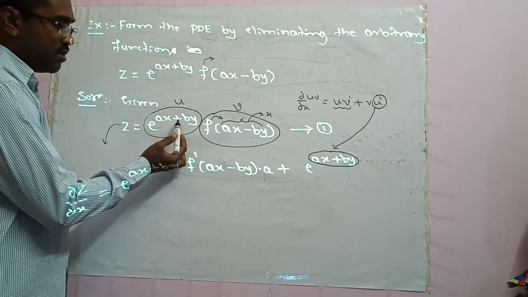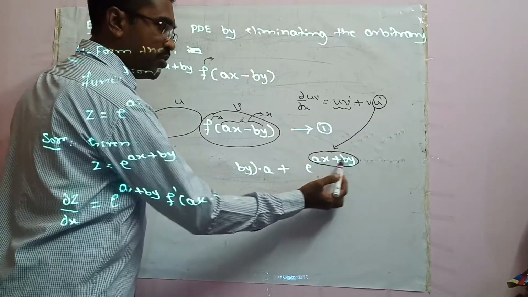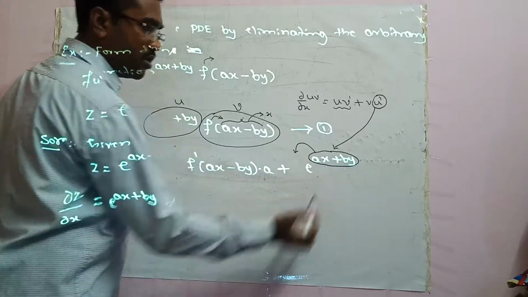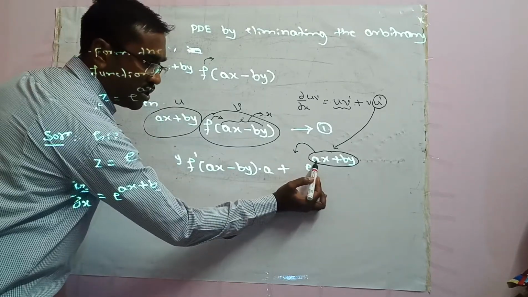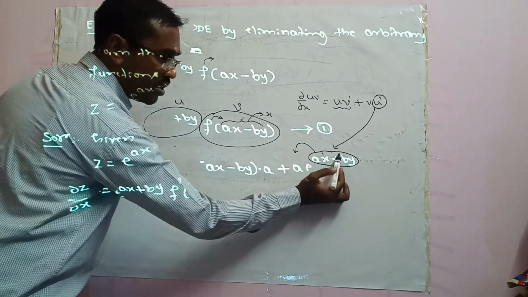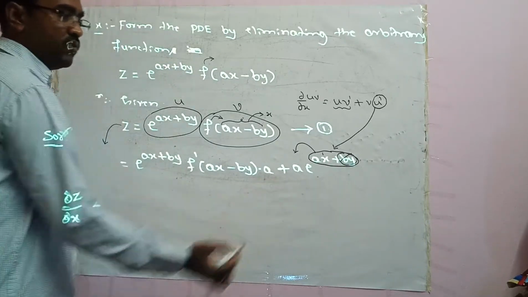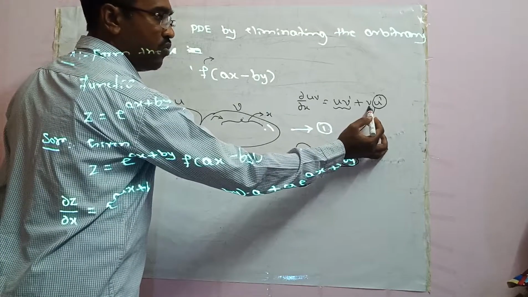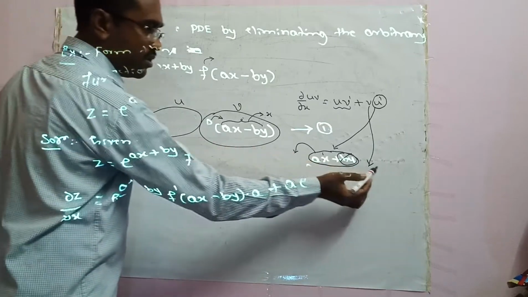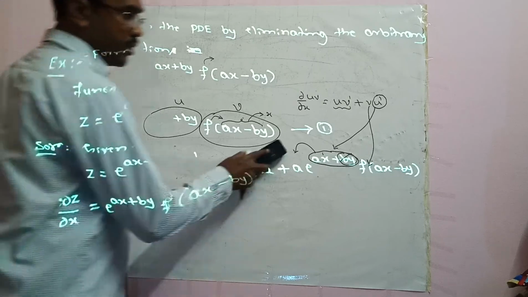Differentiation of e to the power ax plus by is e to the power ax plus by into differentiation of the power, differentiation of this function. If you differentiate a as it is, differentiation of x is 1 and differentiation of by will be 0. So you get just a here if you apply chain rule. Then v as it is, we write v as it is. What is v? v is this. We write this v as it is here. So this completes the product rule.